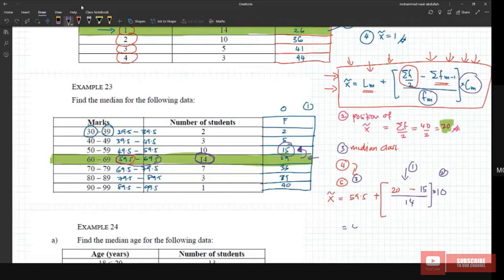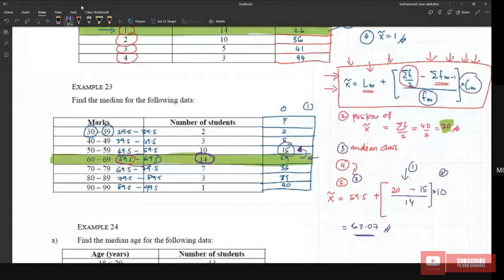Get 63.07. And this value should be between 59.5 and 69.5. If you get a value that is more than 69.5 or less than 59.5, somewhere is wrong in your calculation, right?